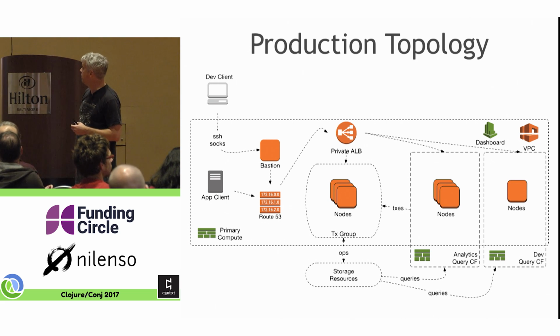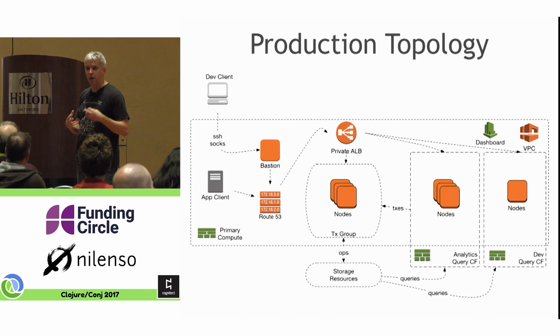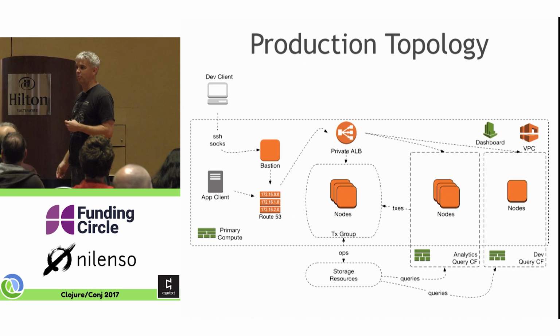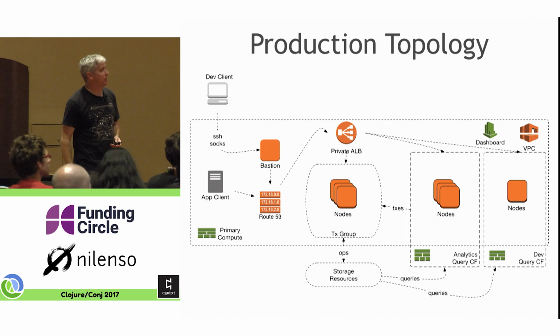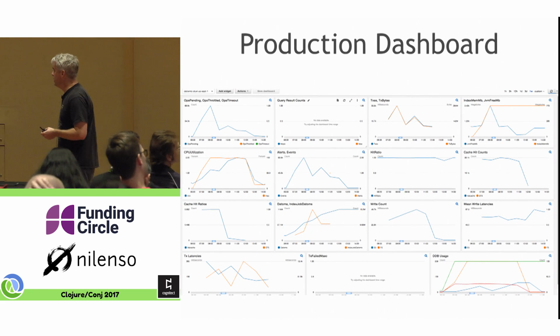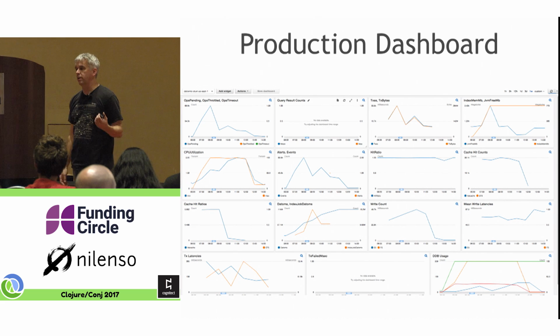There's an analytics group for heavy jobs to pull off and not put on the regular transactional system. And then there is a dev query group, and the devs don't have much of a budget, so we only let them have one machine in that group. If you have a healthier dev culture, you can have more machines in the dev cluster and fewer machines elsewhere. That's totally up to you, however you want to do it. And then the production dashboard, obviously you can't read the pieces of this, but it's much more elaborate.